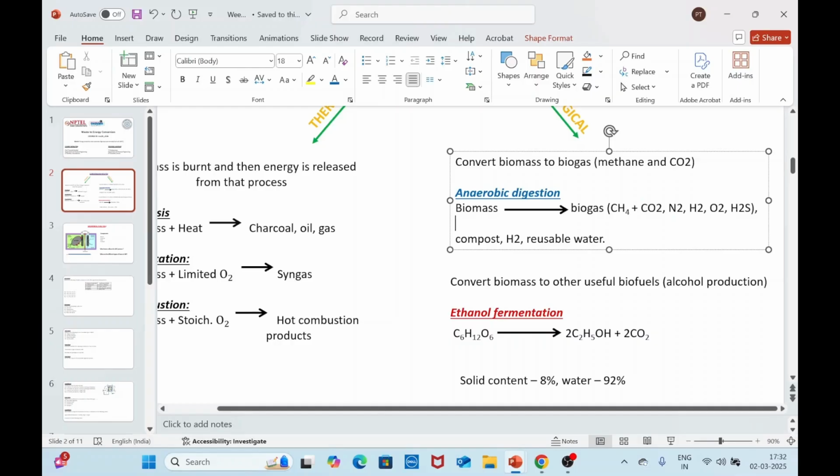This is something that we learned in gas cleanup. Among these four, nitrogen gas, hydrogen gas, oxygen gas, and hydrogen sulfide H2S, which one do you need to remove before you leave this gas out in the atmosphere? Hydrogen sulfide, because it is harmful to the atmosphere. So yeah, that is fine.